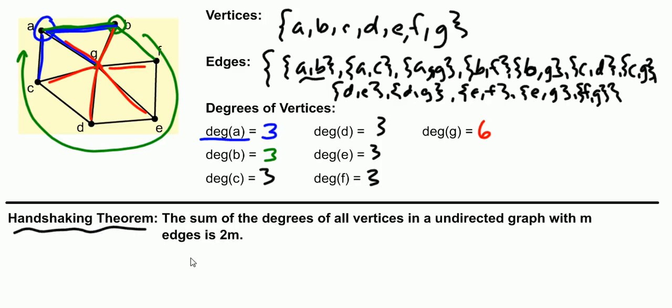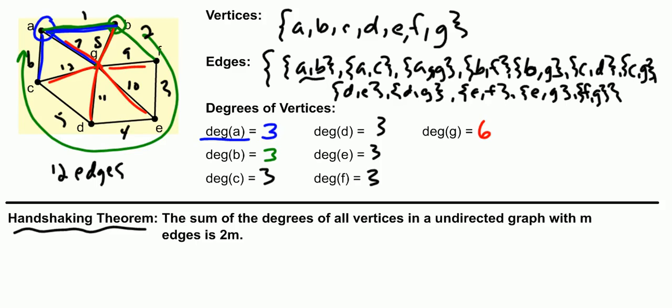Now, if you take a look at the number of edges, you could count the number of edges in a graph like this. It's small enough. We could say 1, 2, 3, 4, 5, 6, 7, 8, 9, 10, 11, 12. So we know that there are 12 edges here.